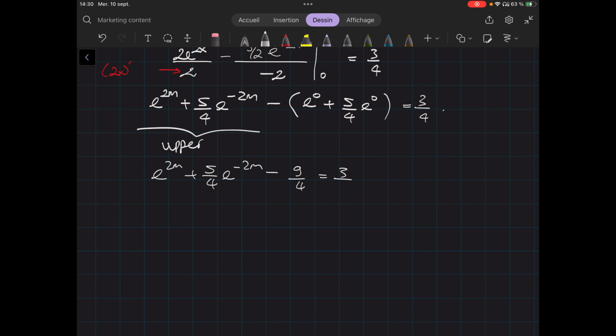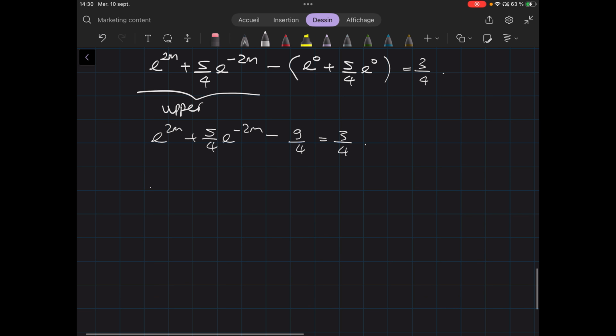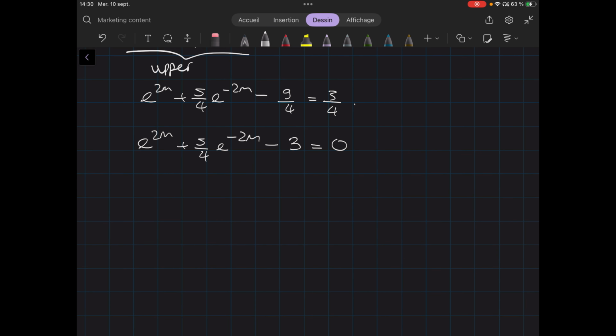That would be 9 by 4. Therefore, e to 2m plus 5 by 4 e to negative 2m minus 3 is equal to 0. Now we can multiply the entire equation by 4.